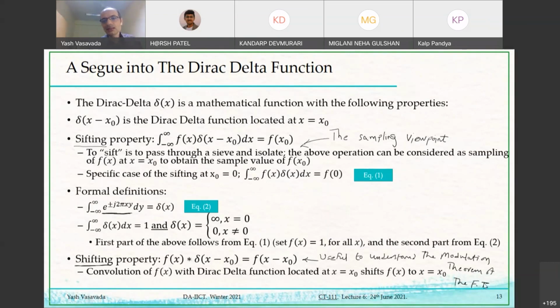Remember, when we wrote the modulation theorem of the Fourier transform, we didn't give its proof. We didn't try to understand why that has to be the case. But this shifting property will allow us to appreciate that modulation function.